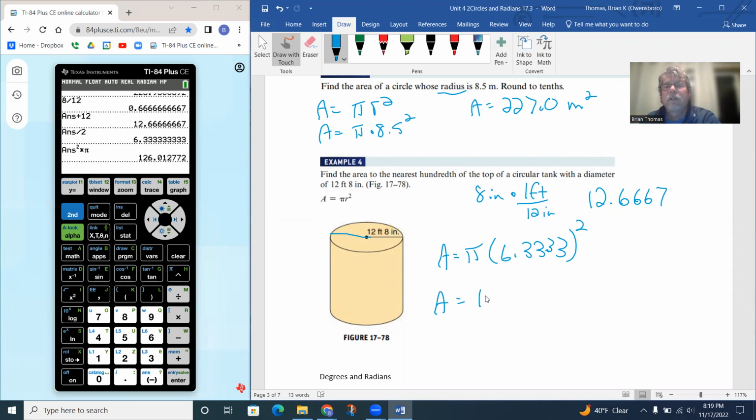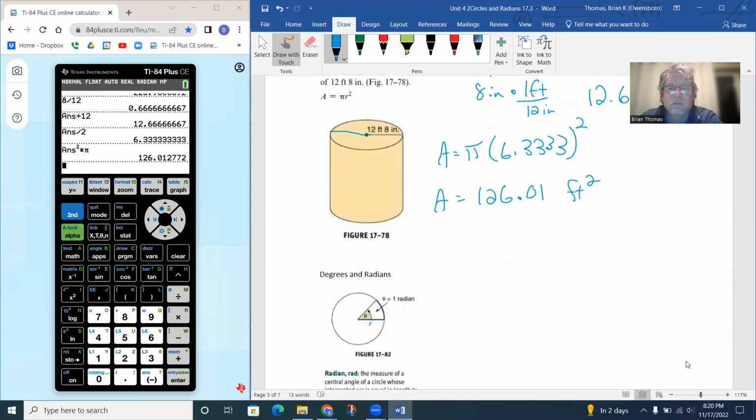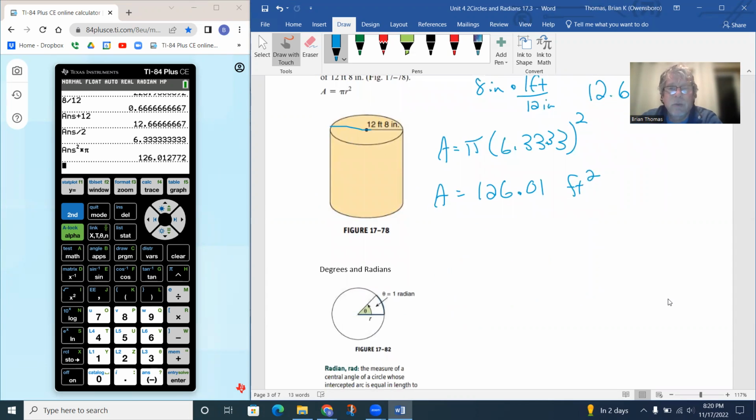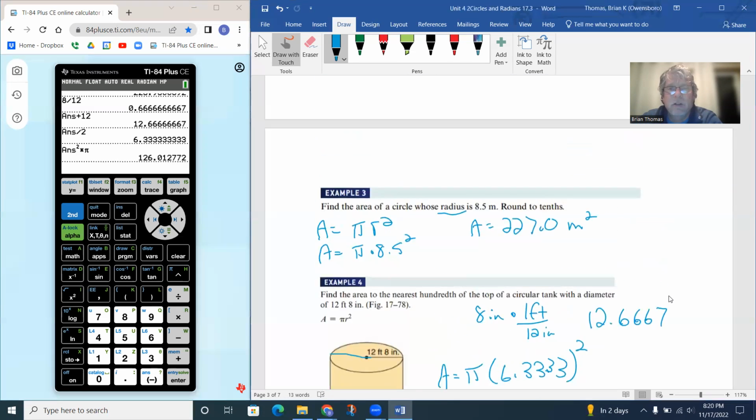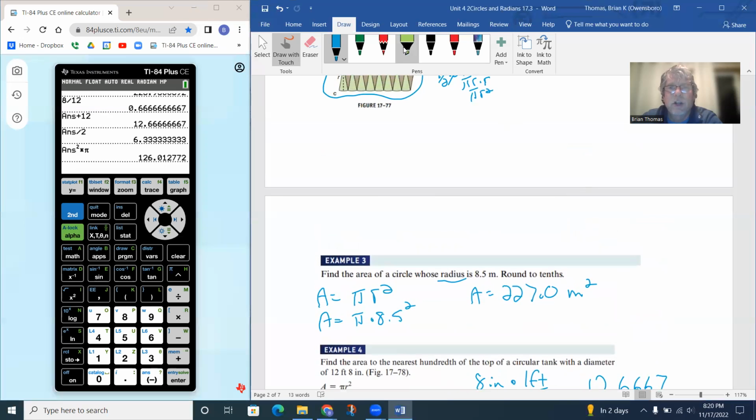And they say round to the nearest hundredth. So 126.01, and this is going to be in square feet. So you have to pay attention in Blackboard to see which unit they want you to round that to. All right, that kind of concludes us on area of circles.